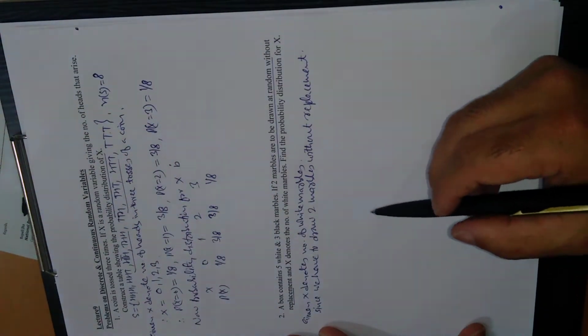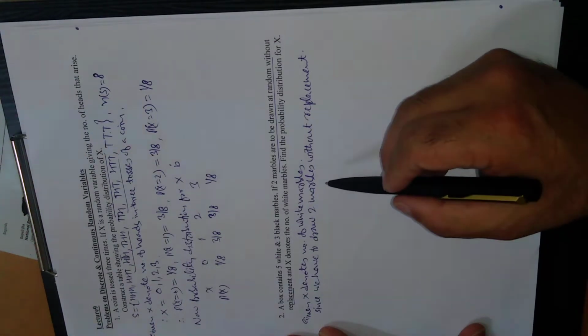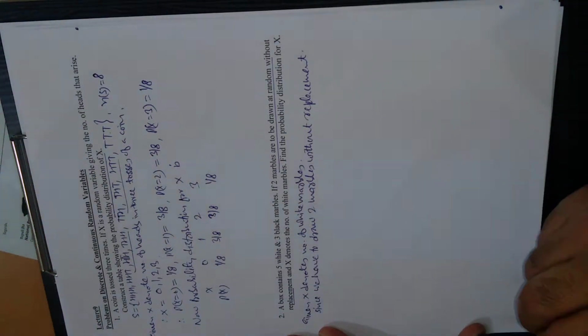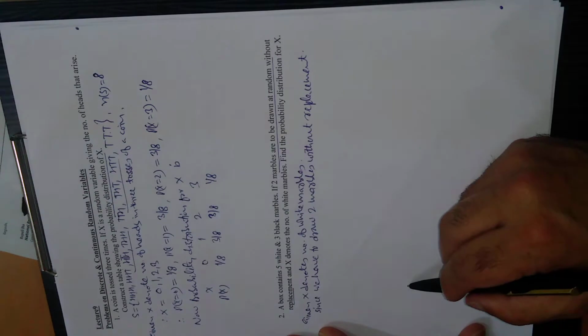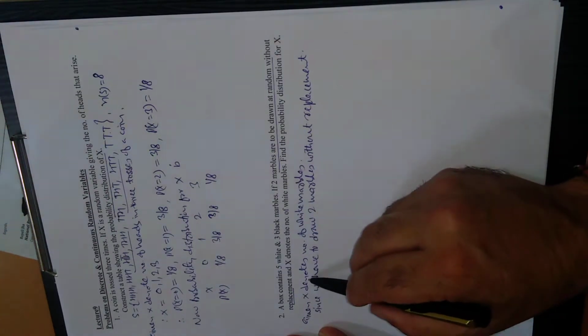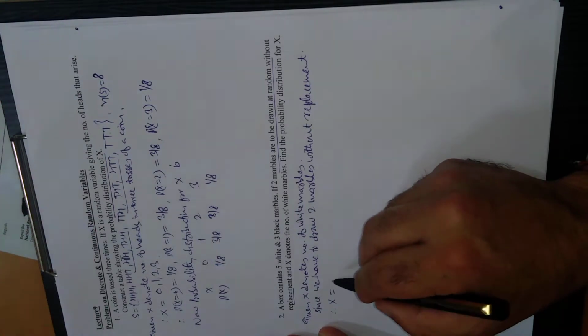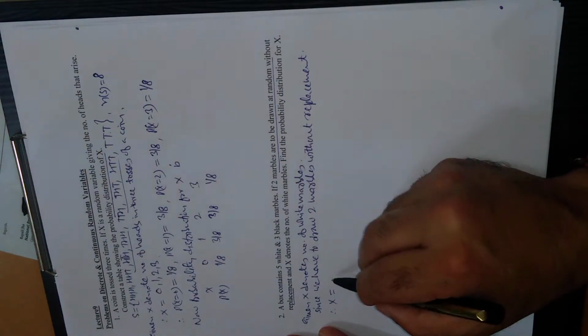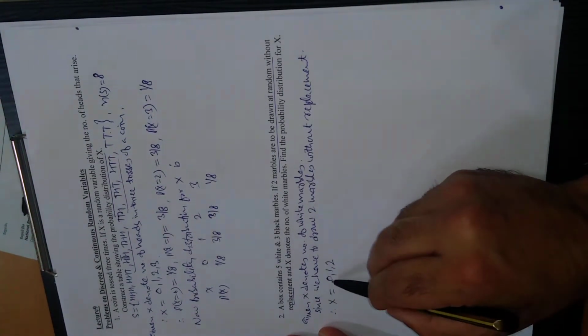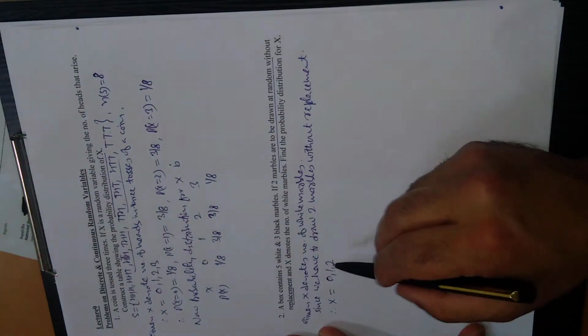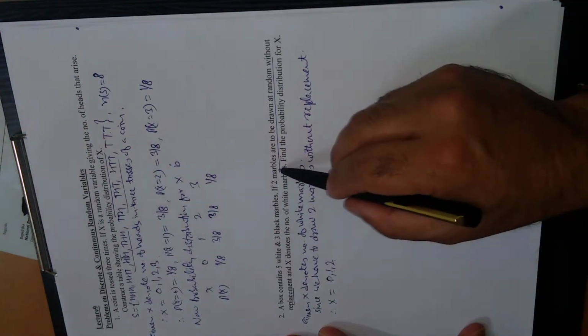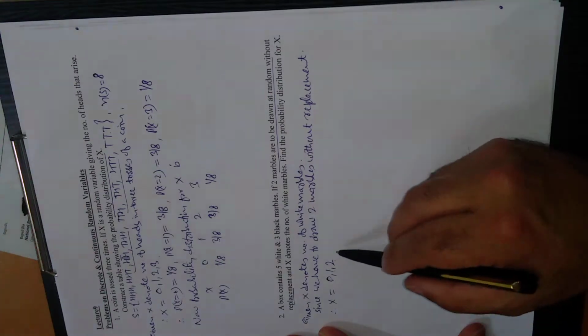Without replacement means once one marble is drawn, the second marble's probability will be affected by the first one, so there will be conditional probability. Let's see. And x is the number of white marbles, therefore x can take values 0, 1, 2, because maximum we have to draw 2 marbles. No white marble, 1 white marble, 2 white marbles. These are the possible values of x.